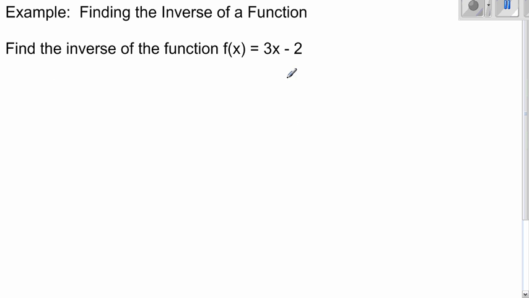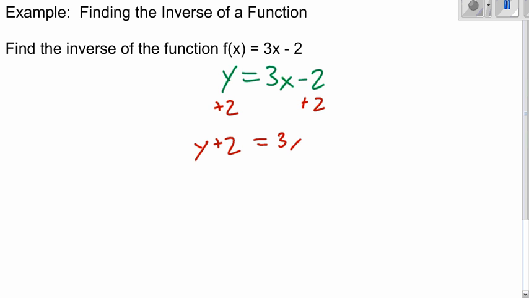So let's start by finding a fairly easy inverse, 3x minus 2. So step 1 is replace f of x with y. Step 2, solve for x. So we're going to add 2 on both sides. Continue solving for x. Let's divide by 3.